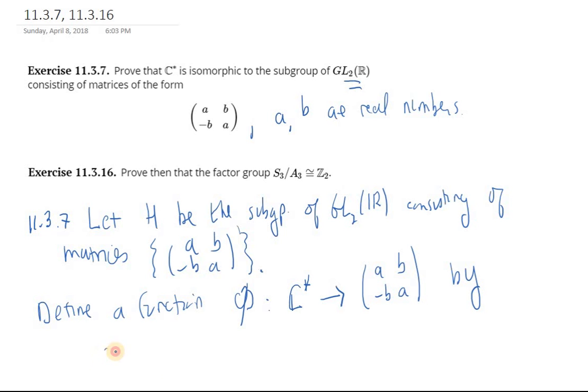And then you're going to define phi of a plus bi, and I'm not going to put too fine a point on it, but you have to fill in this blank. What are you going to define phi of a plus bi to be?